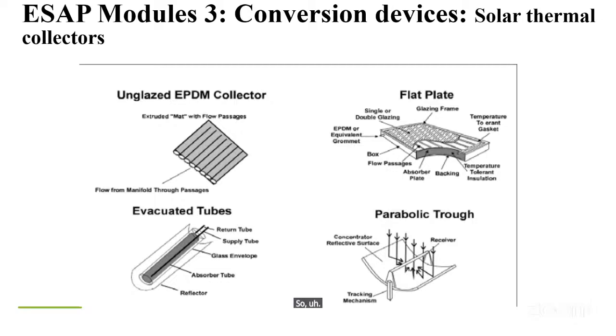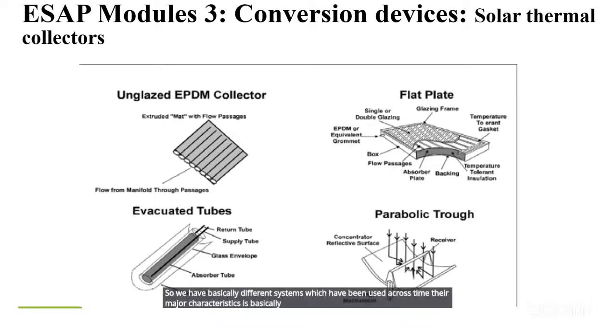For the collectors, we have a number of them. We have different systems which have been used across time, and their major characteristic is the paint on top of them. Most of them are painted black.